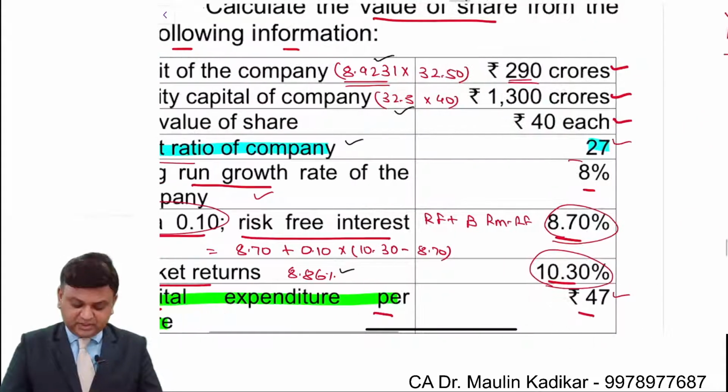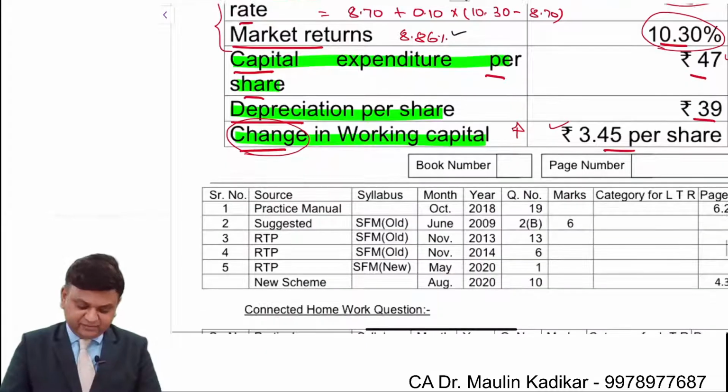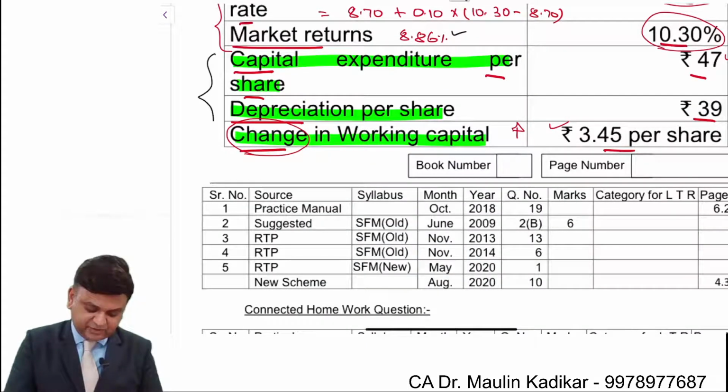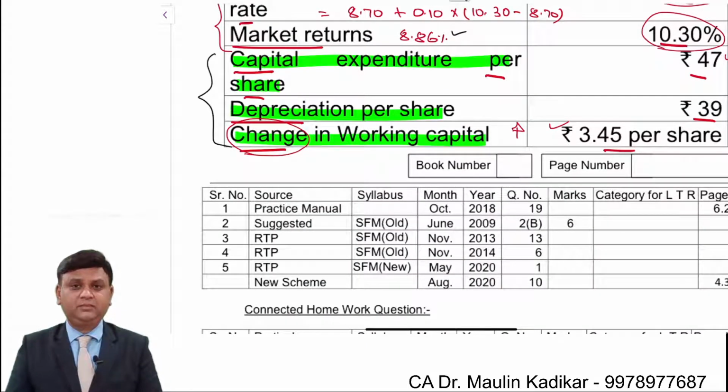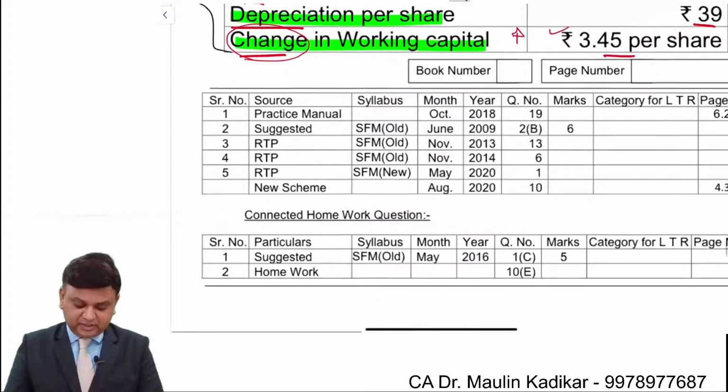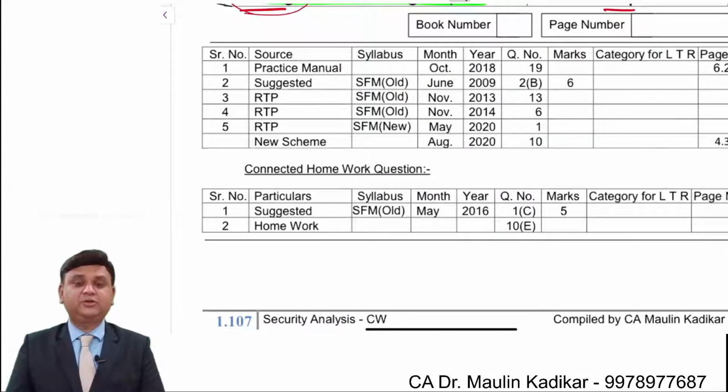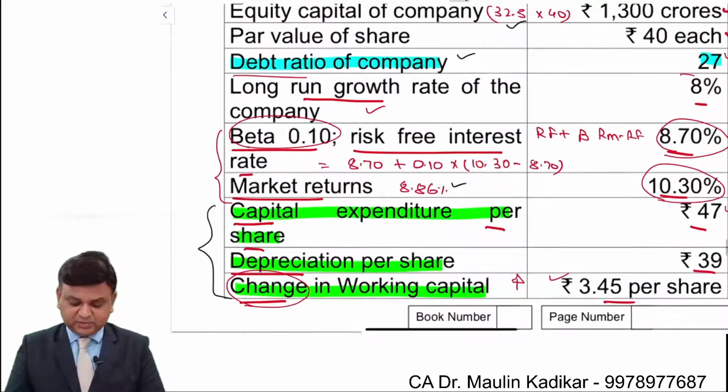And friends, whenever we are provided with such information, it is implied that we are required to use the free cash flow for equity model for the calculation of the price.